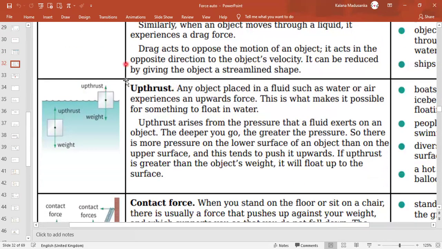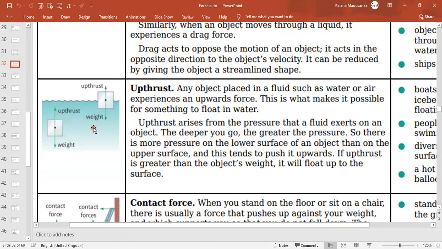Then we have the upthrust. It is also another lesson actually, right? You can see the weight of an object when it is submerged in water, weight applied in this direction, and it seems there's no reaction for that. According to Newton's third law, for this action of weight, the reaction is upthrust, right?